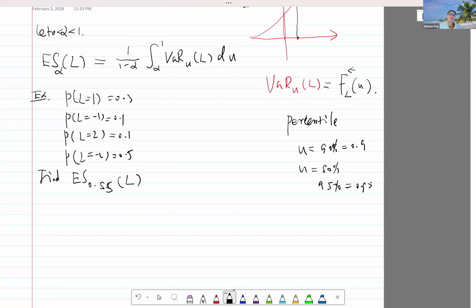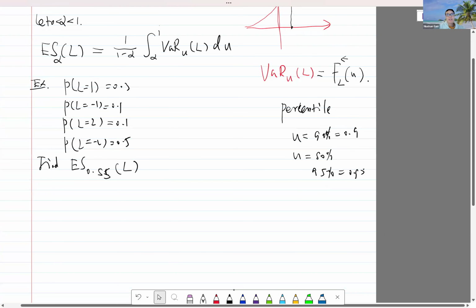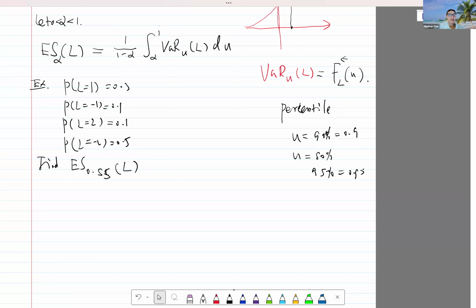By definition, you have to calculate the value at risk first. When you know the value at risk, then you compute the integral. So let's do method 1. I will introduce 2 methods for a discrete random variable.